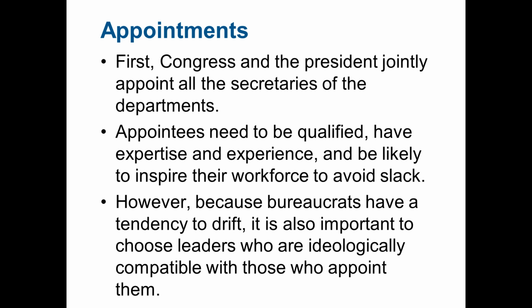So at this stage, Congress and the president jointly can alleviate some of the issues in the bureaucracy, first of all, by appointing qualified people who can do their job well in these high-level secretary positions and other positions of the bureaucracy. This is especially important as far as slack, getting people inspired, getting them to work in an effective manner. We talked about drift as well in our discussion of the principal-agent problems.